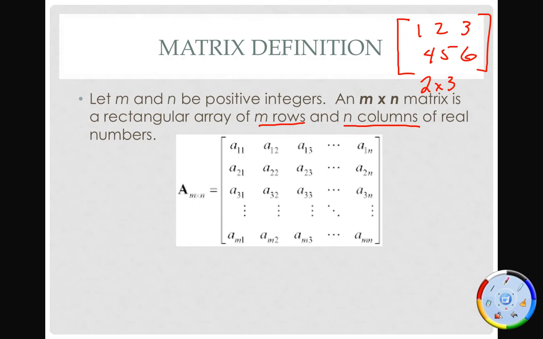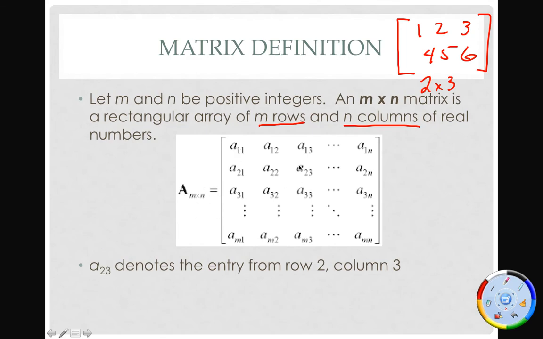Here's an example of a very large matrix. Sorry, it's pixelated. Found a bad version of this picture, but this is an m times n. What we do here is we can indicate each individual element of this matrix by giving it little subscripts. So A11 means row 1, column 1.